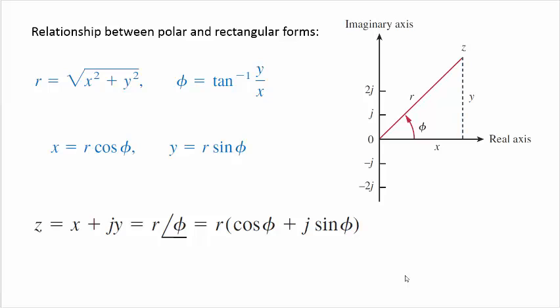You might have seen a polar coordinate system in your calculus class, going between an xy Cartesian coordinate system and a polar system, both in real space, so both in real xy. In our circuits, we are going to be using a complex space, so we have a real axis and an imaginary axis. It's very similar to x and y, with the exception that real is real, and for a complex number it's jy, so it's the imaginary axis.